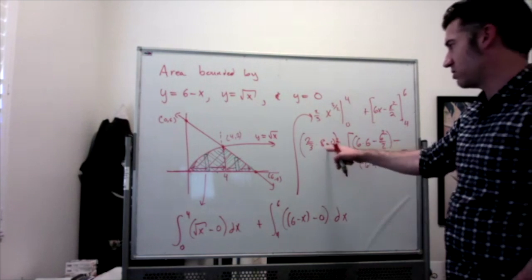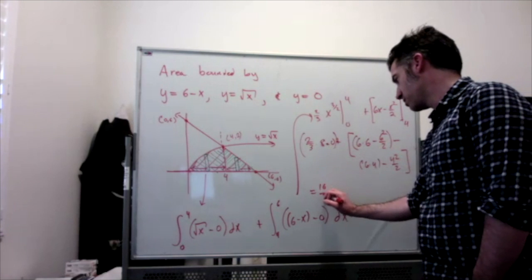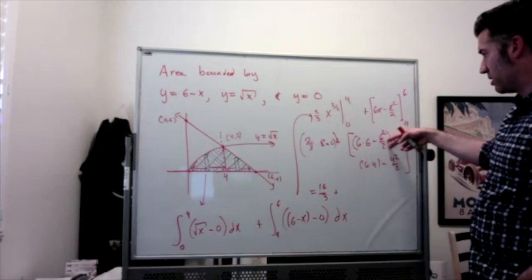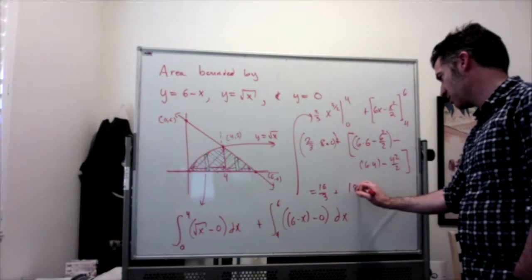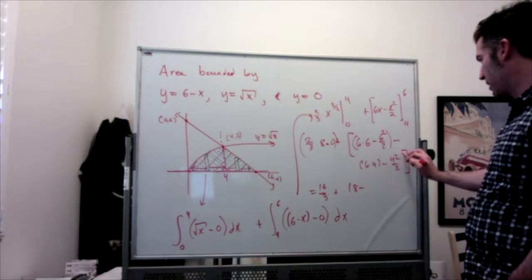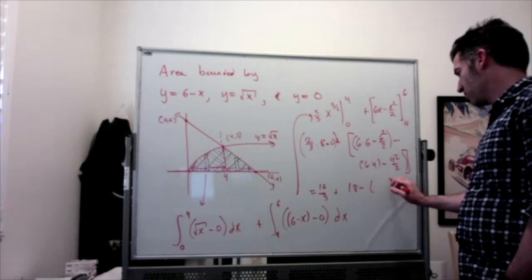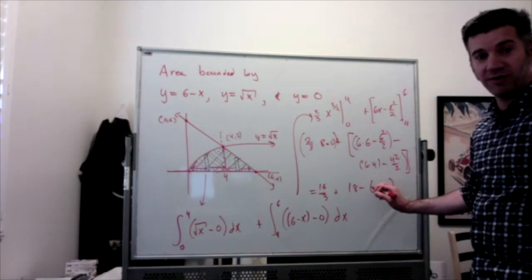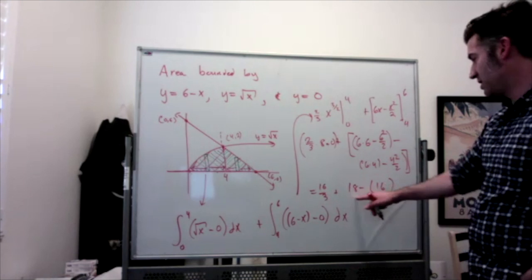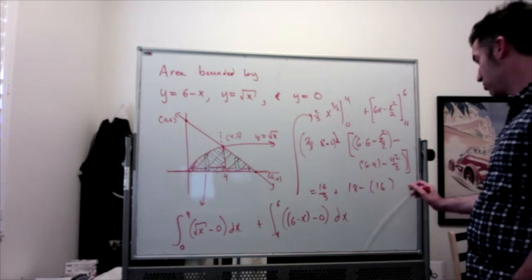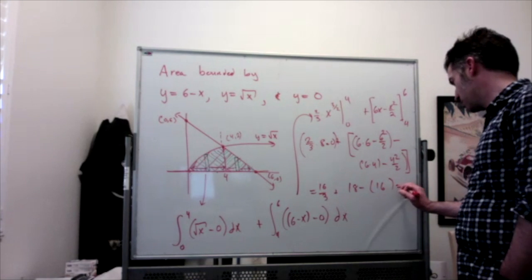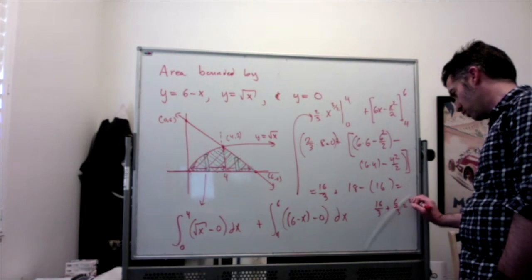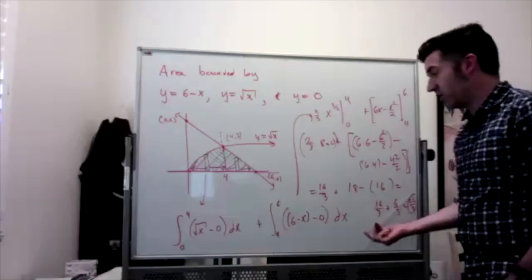So let's see, 2/3 of 8 is 16/3, plus this is 36 minus 18, so 18, minus 24 minus 16 over 2 is 8. 24 minus 8 is 16. So you get 18 minus 16, which is 2. So that's going to be 16/3 plus 2, which is 6/3. So 22/3.